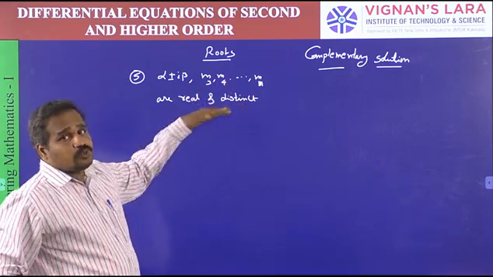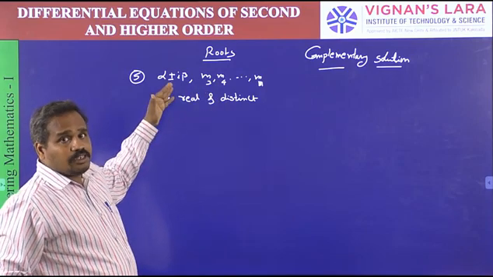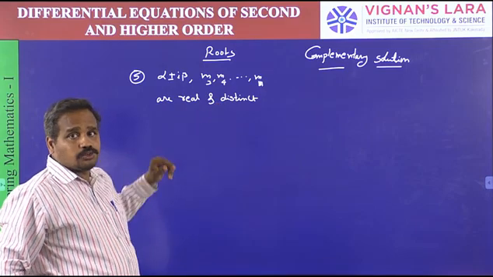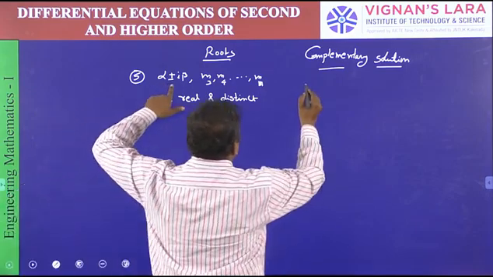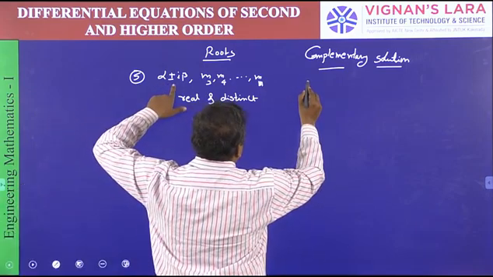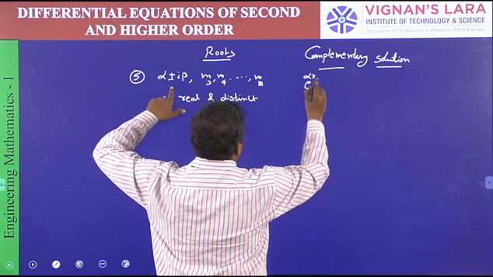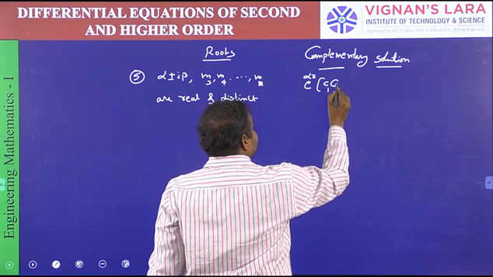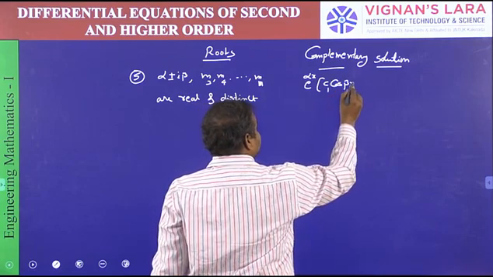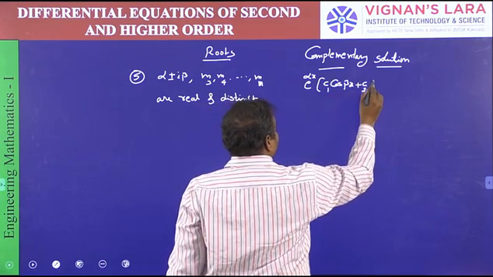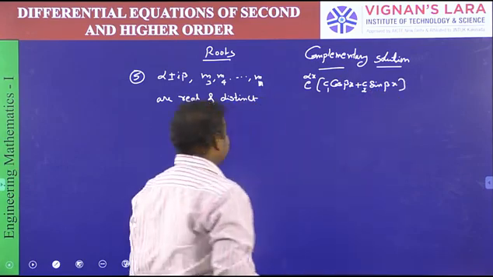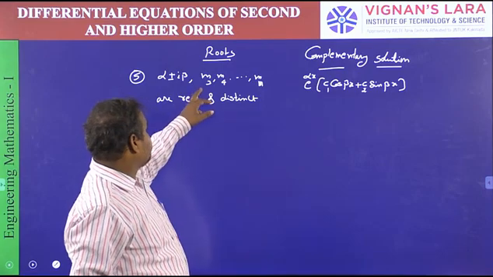For real roots we are writing one solution, and for complex roots we are writing one solution. We all know for these roots, alpha plus or minus i beta, the corresponding solution is of the form e^(alpha x) (c1 cos beta x + c2 sin beta x).